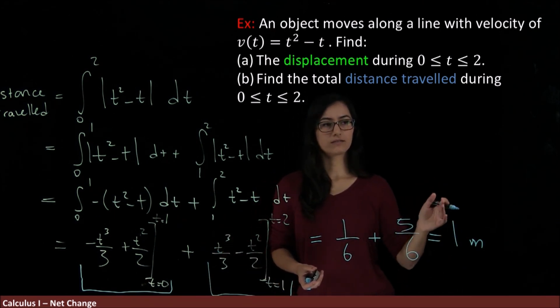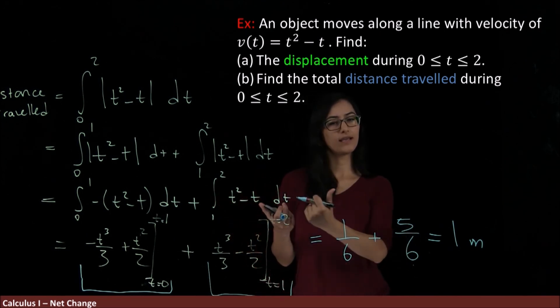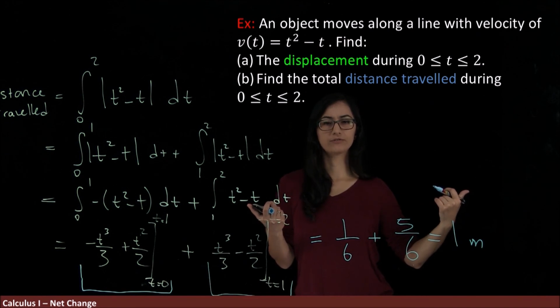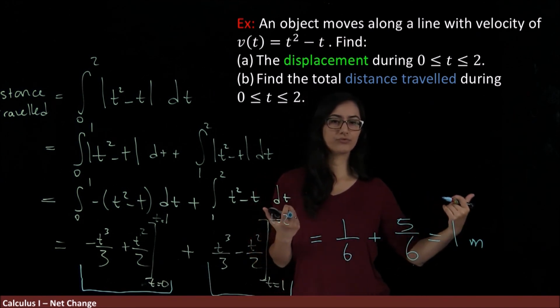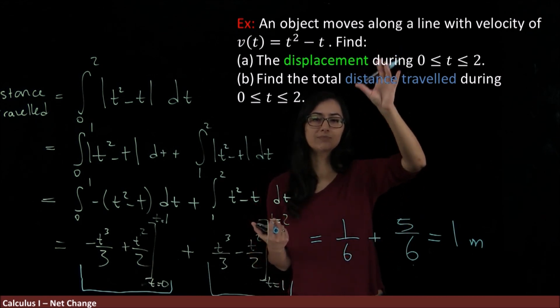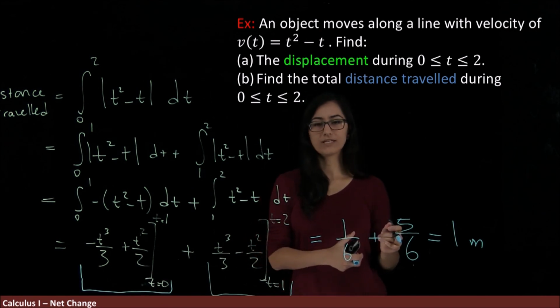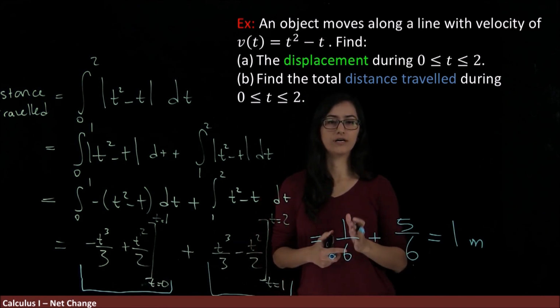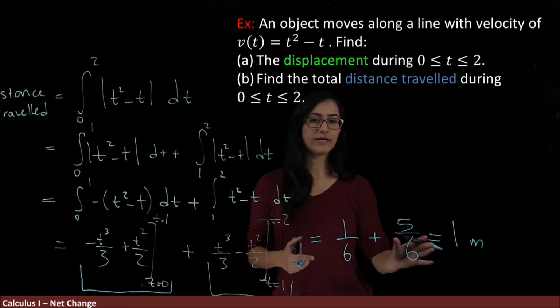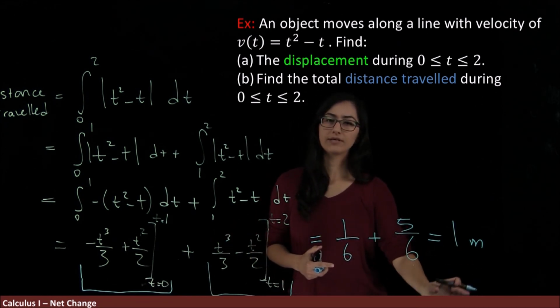So it went in the negative direction, and it turned back and started going into the positive direction, right? So it probably passed through the original starting point. The displacement does not include the part where it went back and forth to the original point, whereas the distance traveled includes that as well. So we end up having something larger.